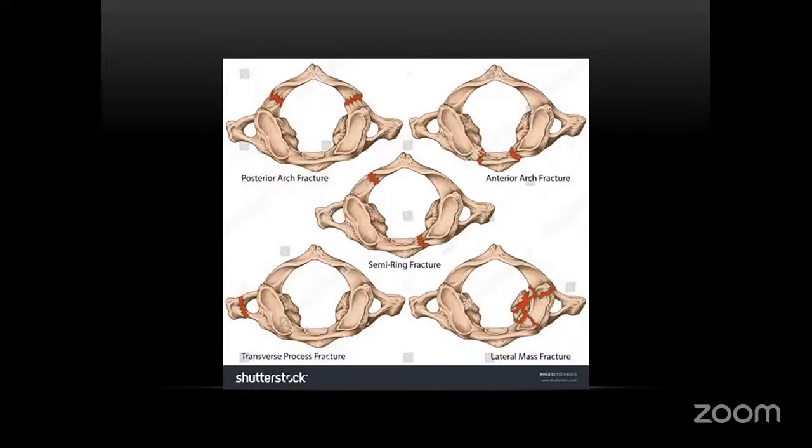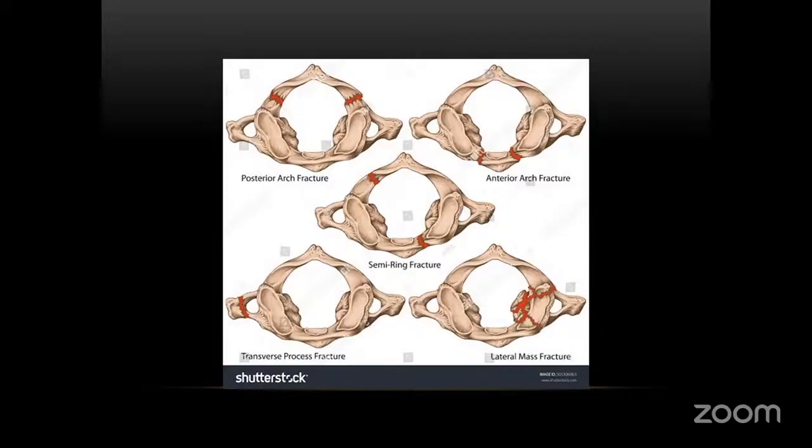It could be tumor patients, it could also be craniovertebral junction anomalies. So there are a lot of indications of C1, C2 fusion, and it is applicable to a lot of pathologies there. But we will discuss the trauma today.